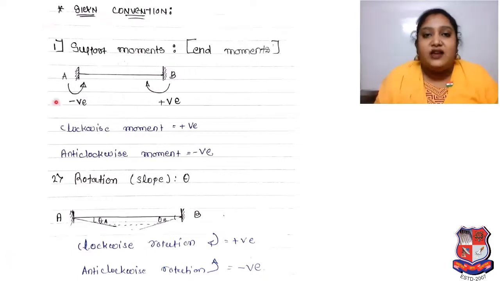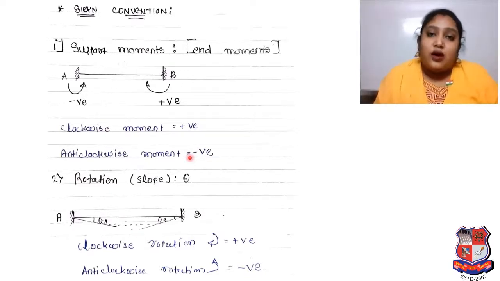Now we need sign convention because we also have to draw the moment diagram. For that, sign convention is required. This subject is Structural Analysis 1, which means before that you have already learned the Mechanics of Solids subject. So all the sign conventions are based on that, which mention shear force and bending moment.